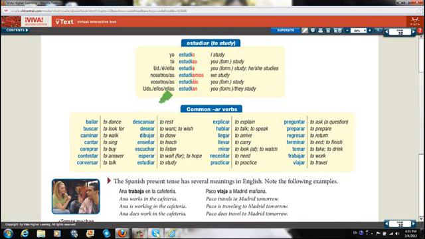How about they, the women? We need the on ending. Ellas descansan at night. Por la noche. Muy bien. Ellas descansan por la noche. Bueno.